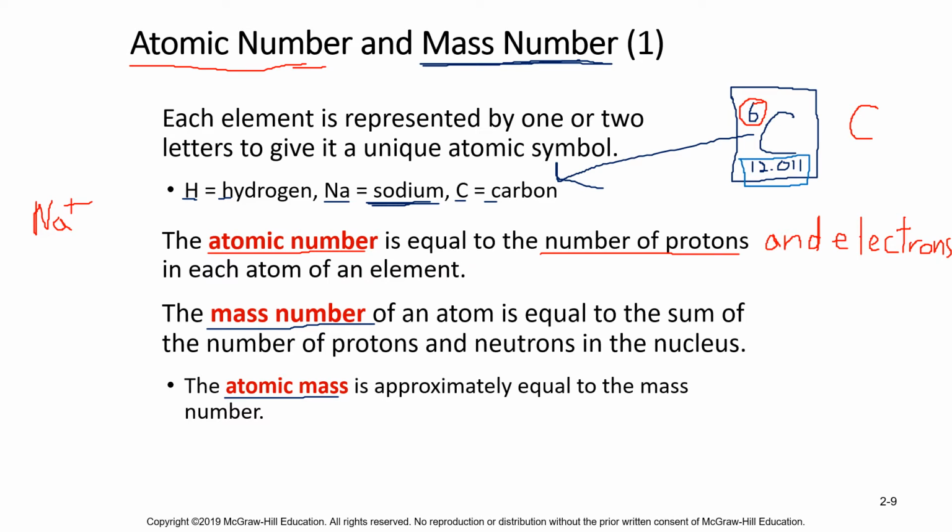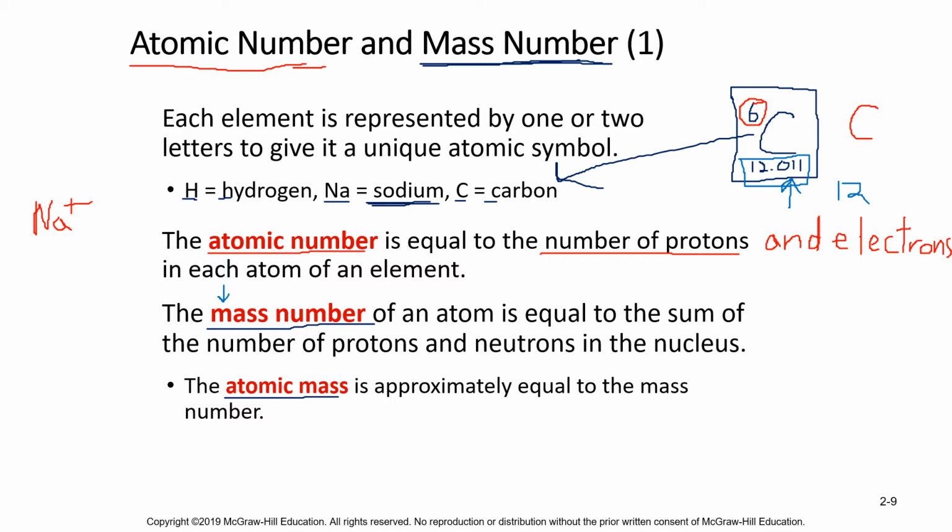But you can tell it because it has all these decimal places. And when we use the atomic mass, we're going to round that. So I would round 12.011 to 12. And in fact, the mass number for carbon is 12.